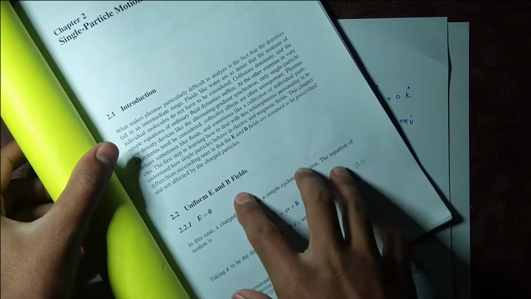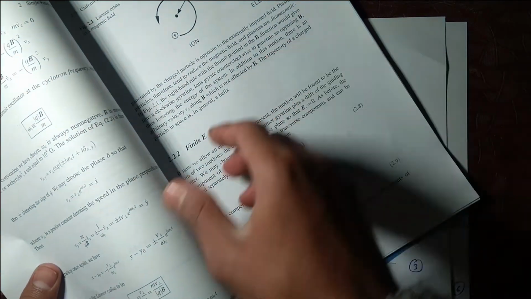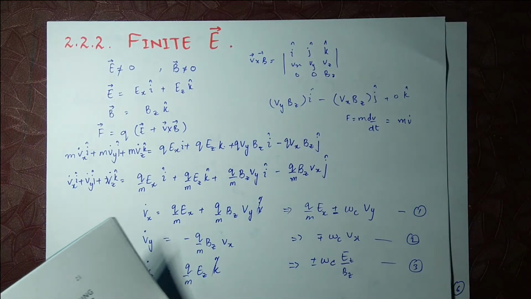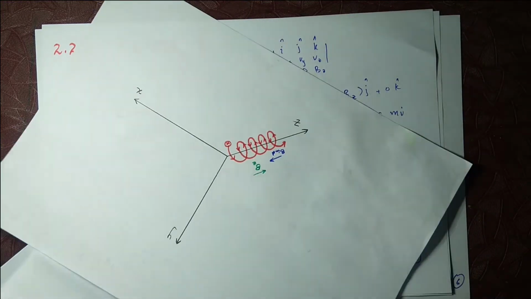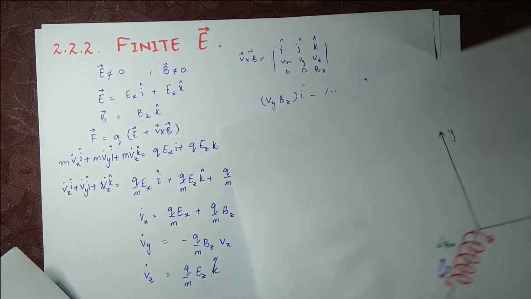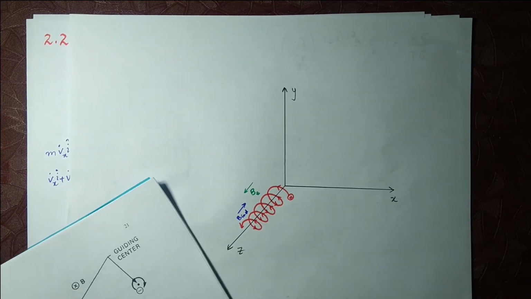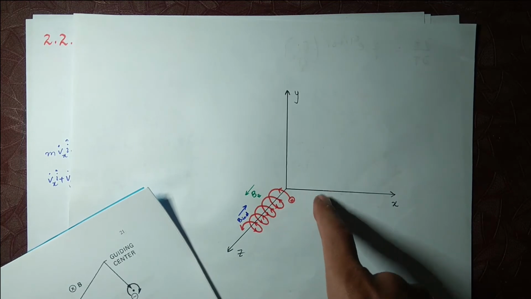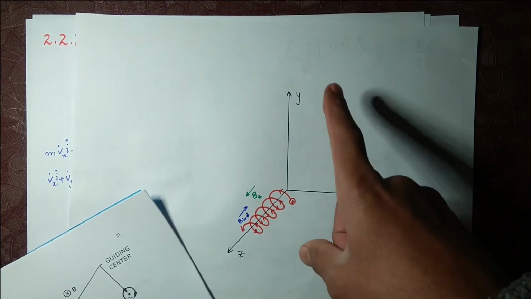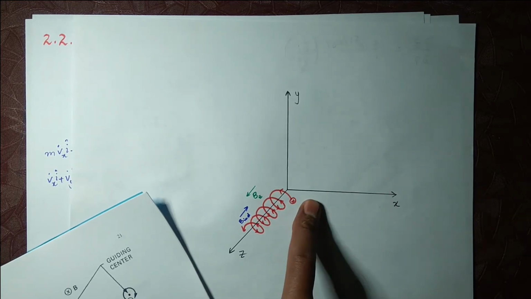We have done these equations and we made our graph. I'm telling you this because we are going to use these equations in today's topic, so you have to understand this. So this was the graph for E equal to 0.